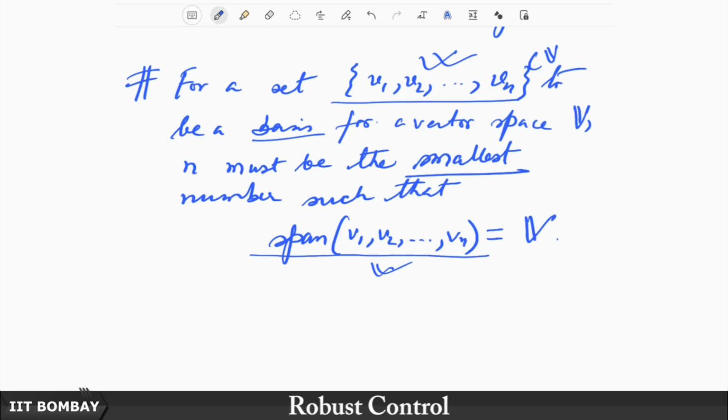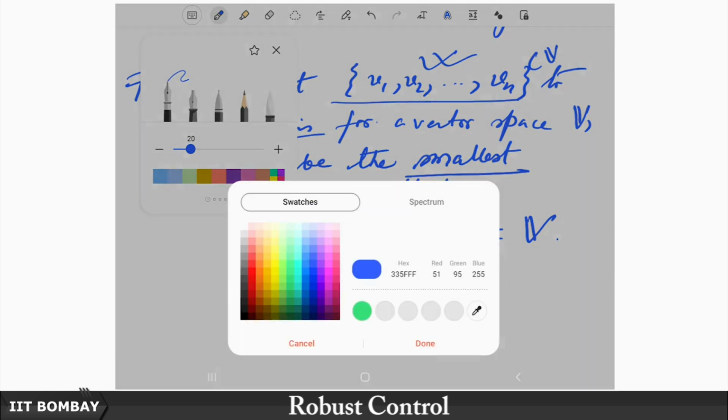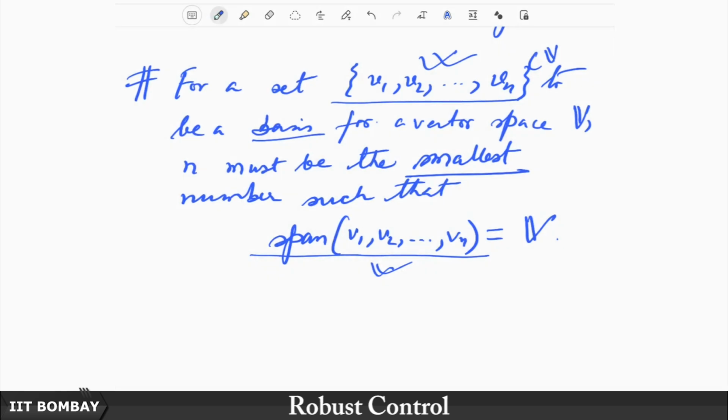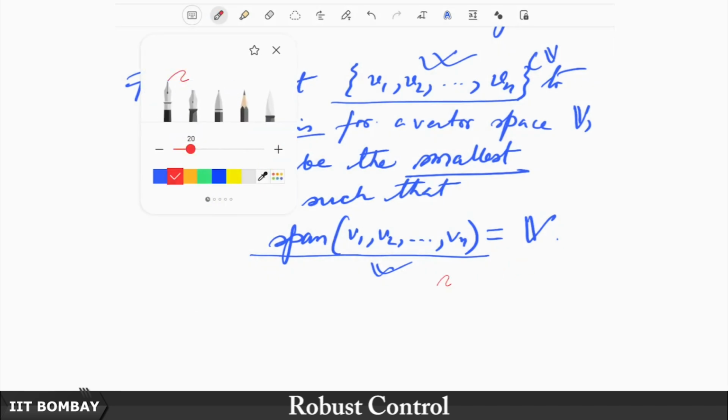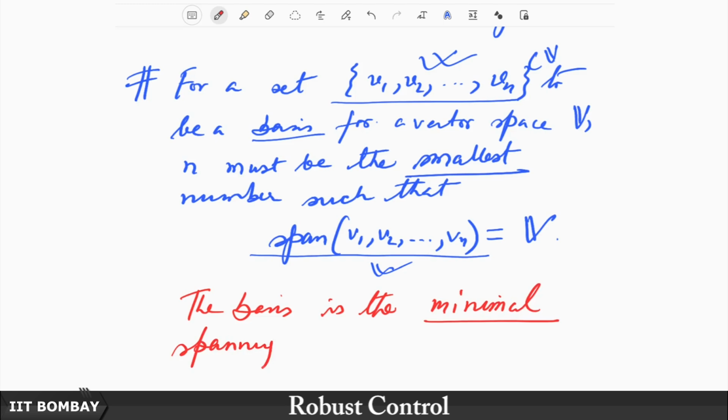In other words, alternately I can say that the basis is the minimal spanning set for a vector space. What do I mean by minimal?